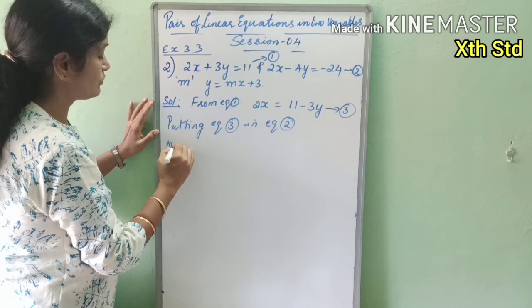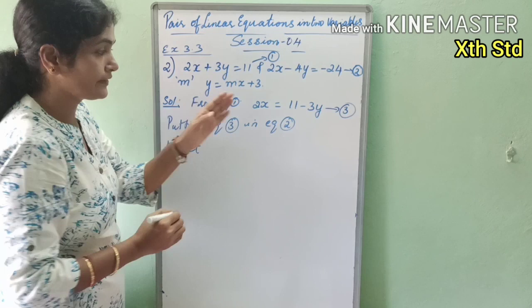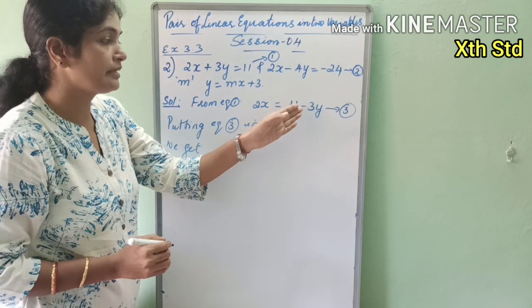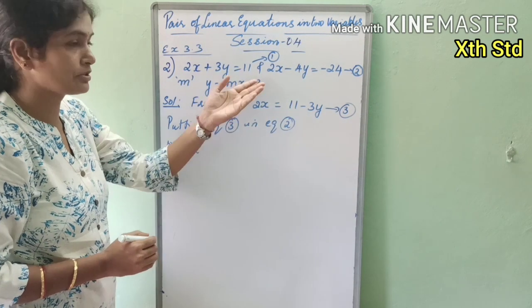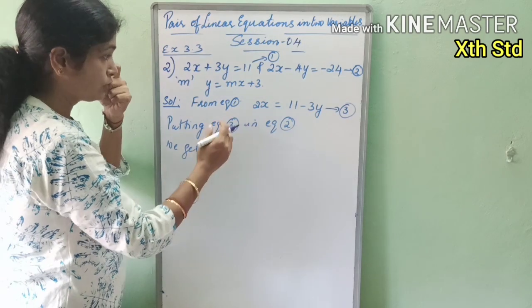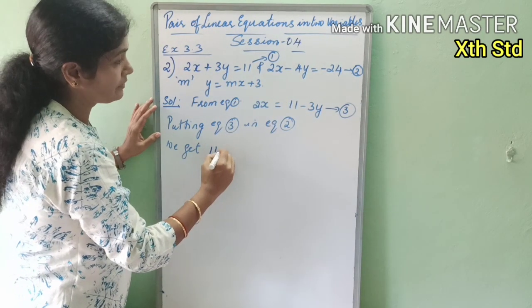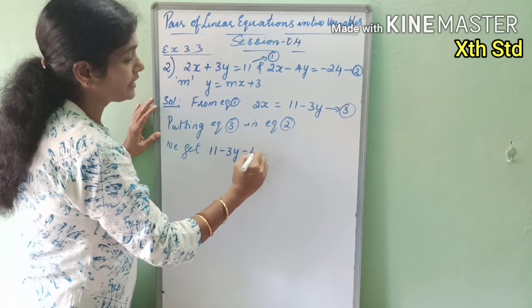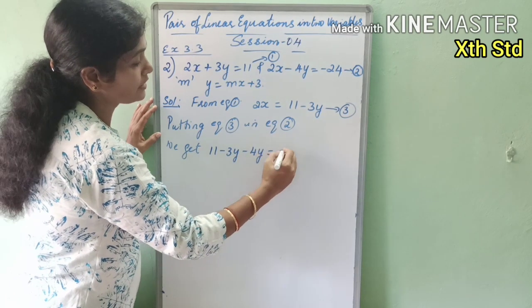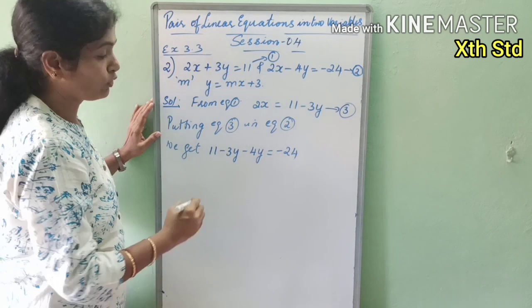What do we get? There's nothing wrong if you take x equal to 11 minus 3y by 2, in the next step it will get cancelled. That's no problem. Since it was 2x here, I directly took it. 11 minus 3y minus 4y is equal to minus 24.